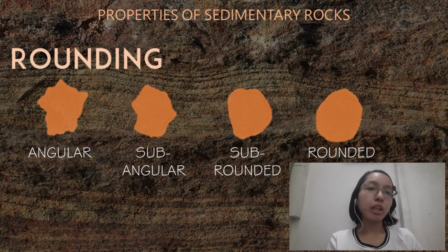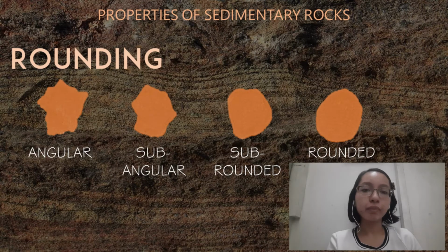Tapos yung sub-rounded, medyo may edges pa siya, pero mas smooth or hindi siya ganun katulis. Tapos yung rounded, walang edges talaga or angles.